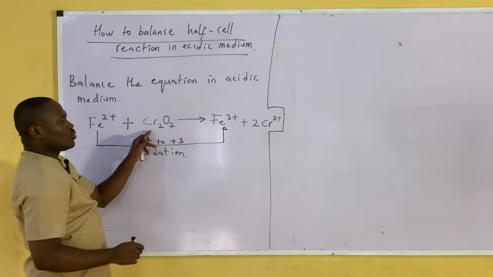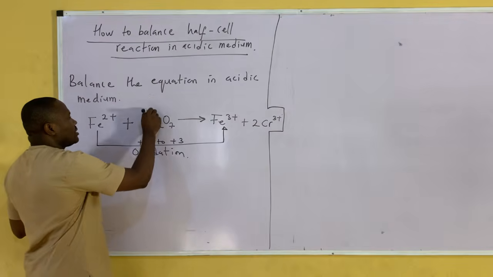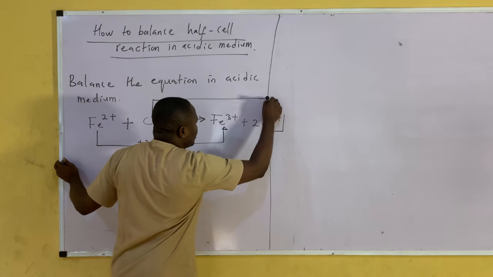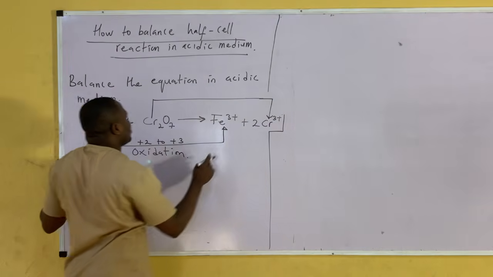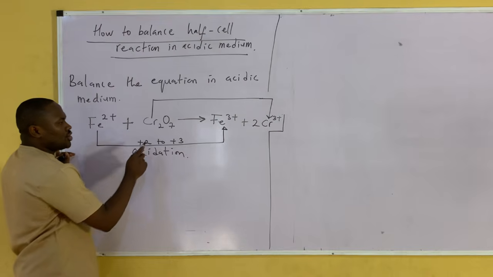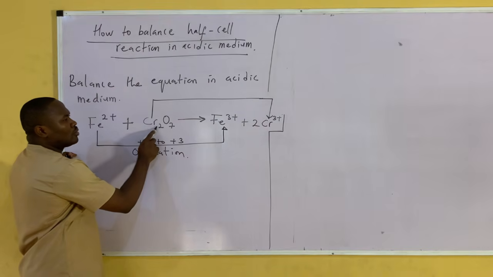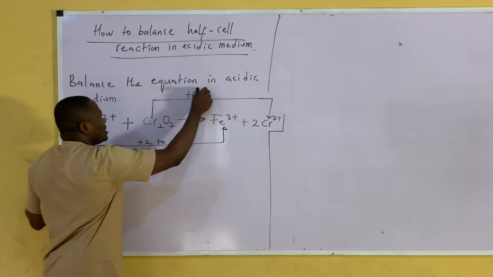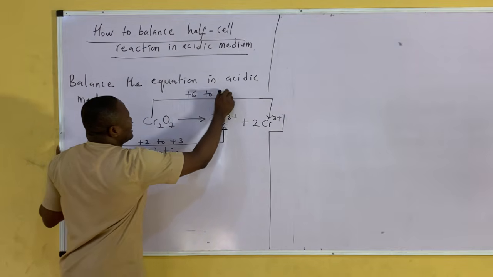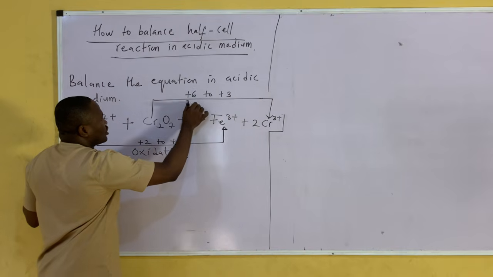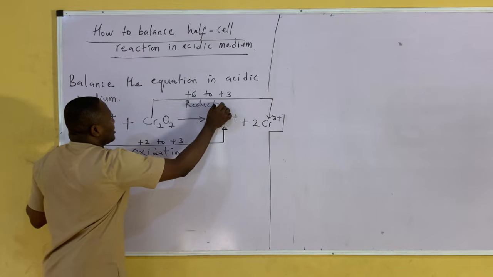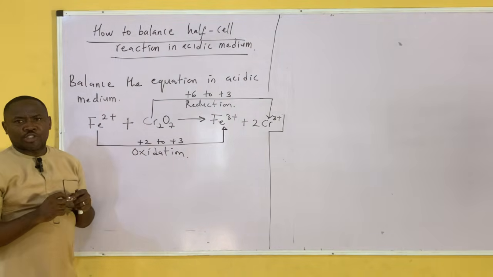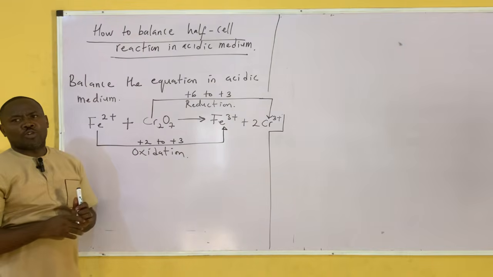Now, what about chromium? Chromium here is plus 6, so it's changing from plus 6 to plus 3. That is reduction. So one of these species is undergoing oxidation while the other is undergoing reduction.